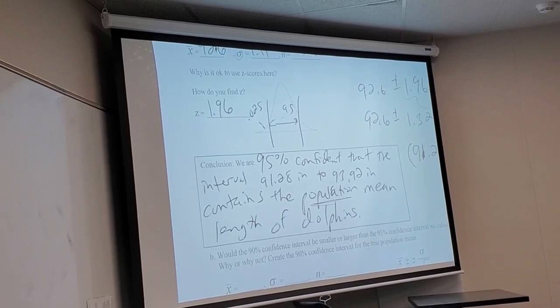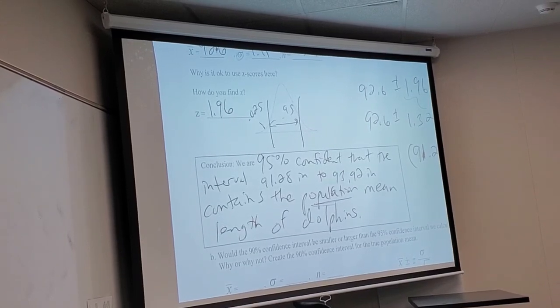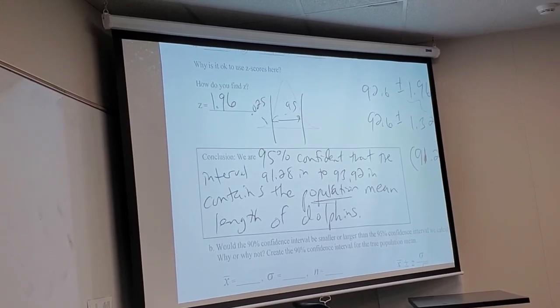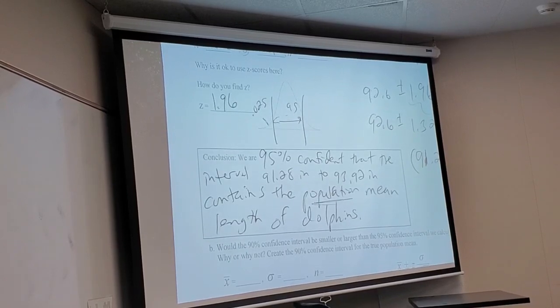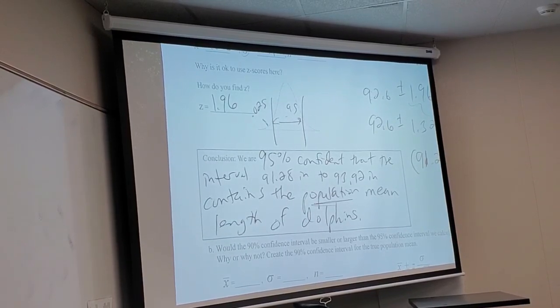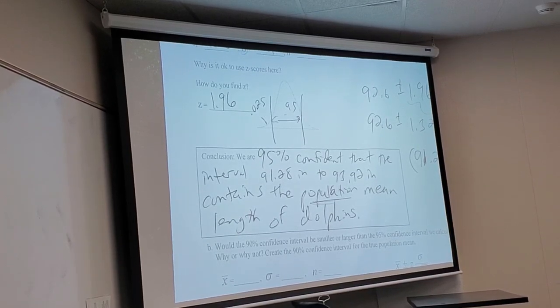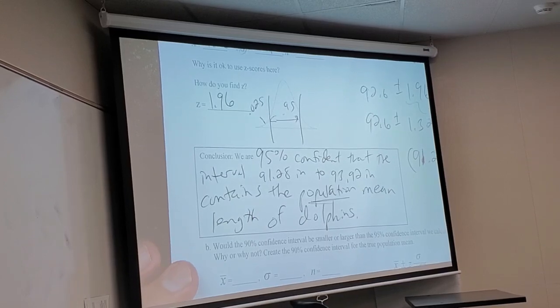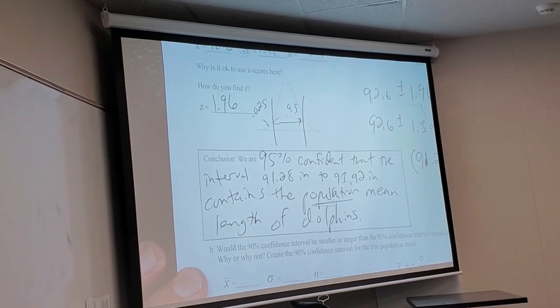Oh. Yeah. Is that all right? So it basically always sounds the same. We are such and so confident that our interval contains the real mean. Pretty soon we're going to learn percentage. Are we all right? Okay.